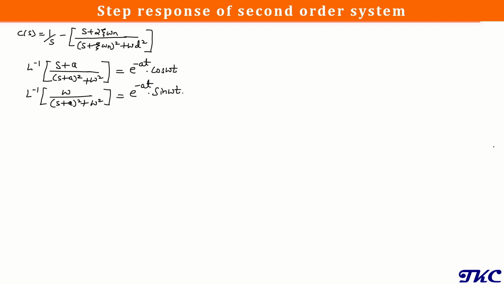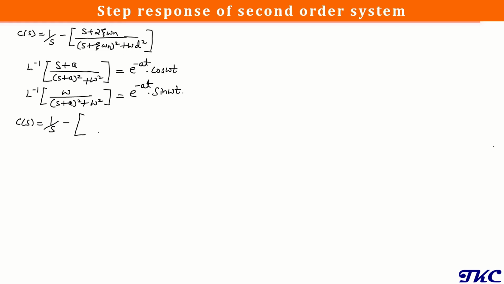So let's rearrange this value in this way in order to get the Laplace inverse. So it will be C of s is equal to 1 by s minus, now we can separate the numerator here. So we will be separating the numerator by considering the same denominator.